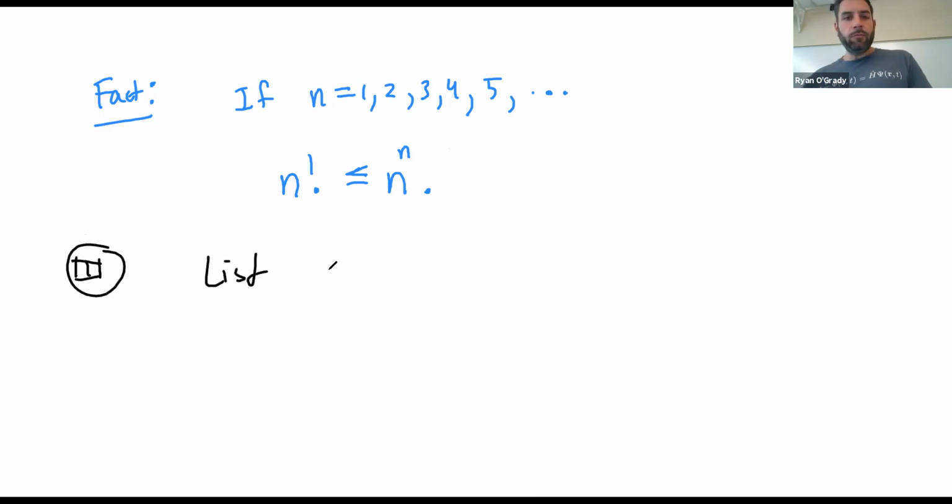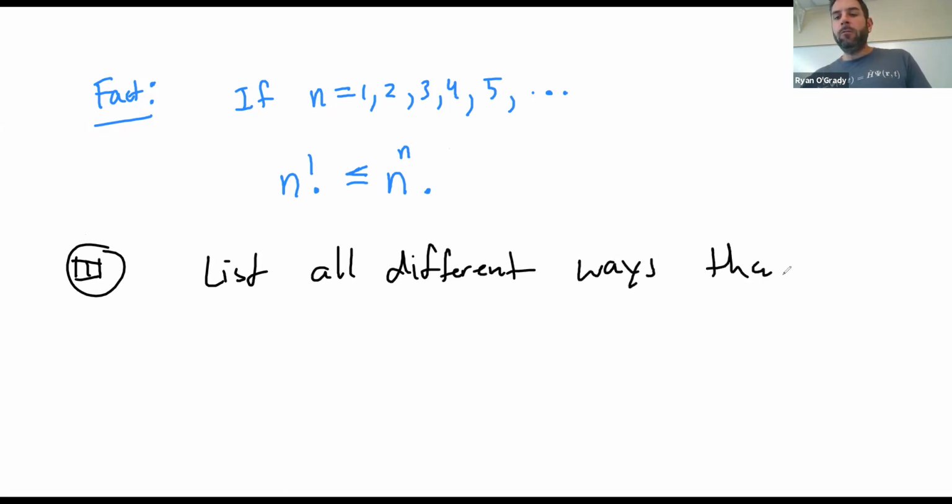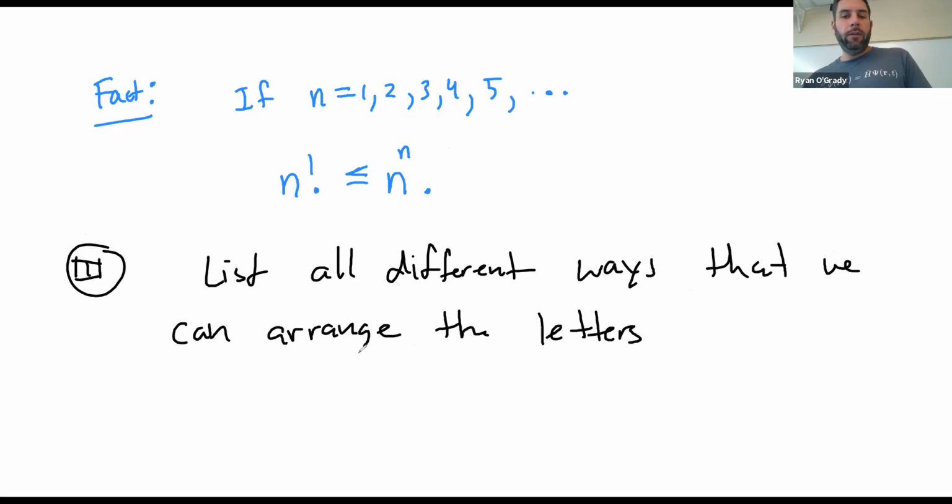So let's list all the different ways that we can arrange the letters A, E, and I. So we did this problem in a different way on Monday.